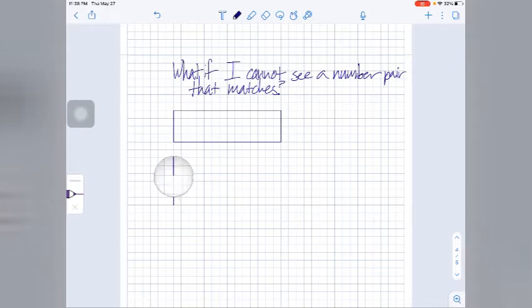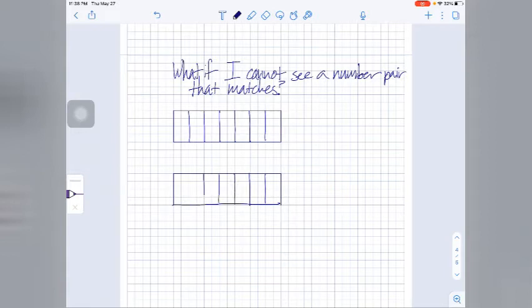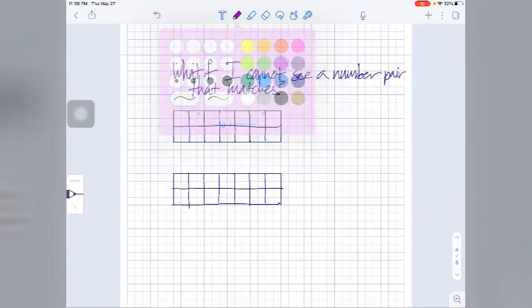So in this one, let's say that we have on the top one, it's for the same pattern.